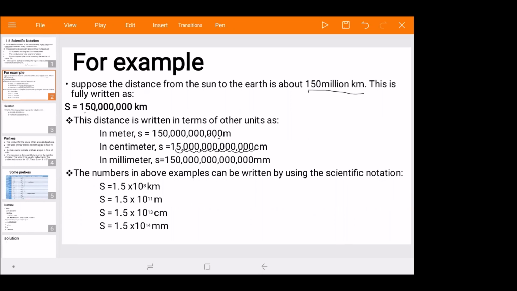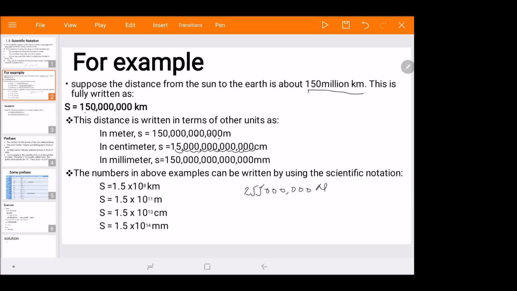For example, 1.5, or maybe 2.56, you must write in such a form. For example, if such a number is given to you, maybe here the unit is Newton, or whatever unit.